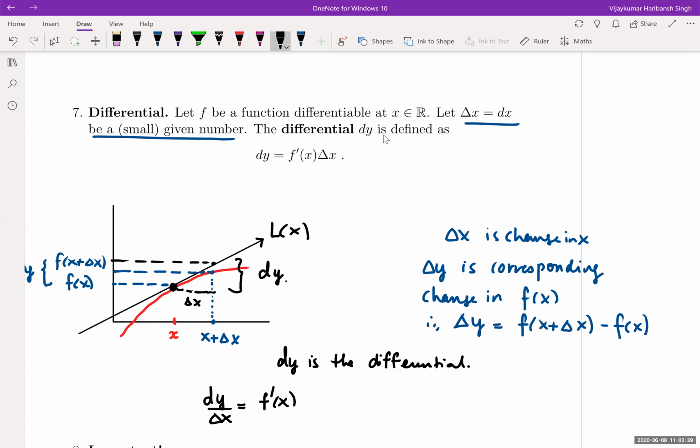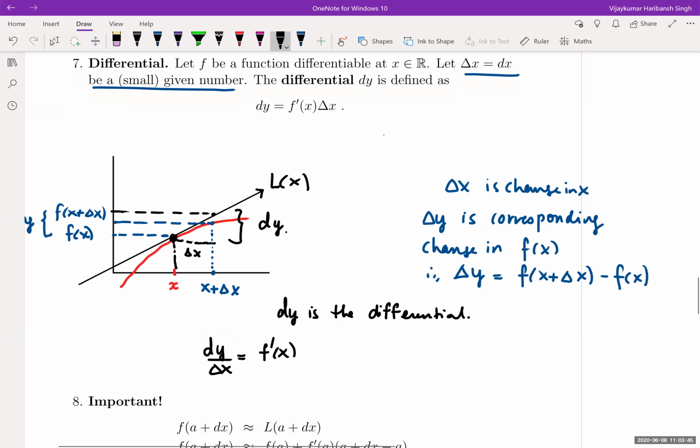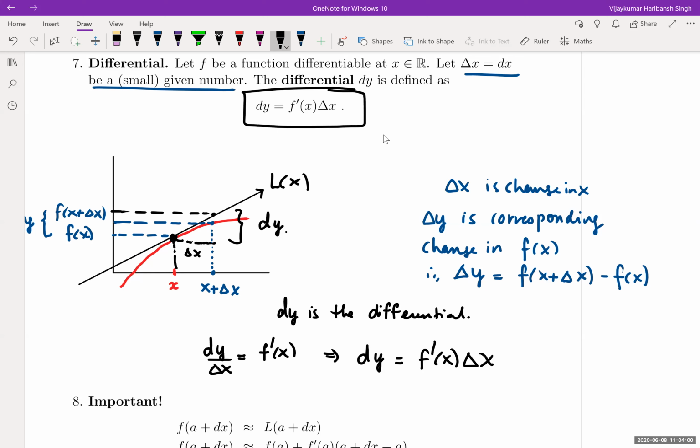Because the derivative at x defines the slope of the tangent line. So you can think about this as dy equals f prime of x times delta x. So this is the concept of differential.